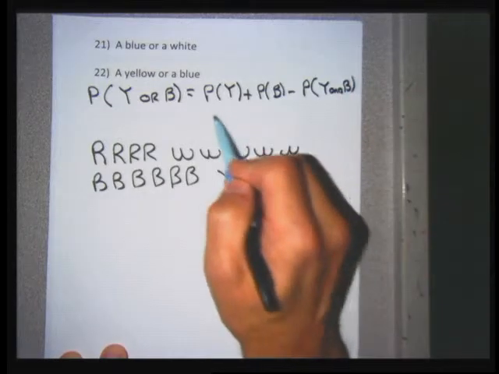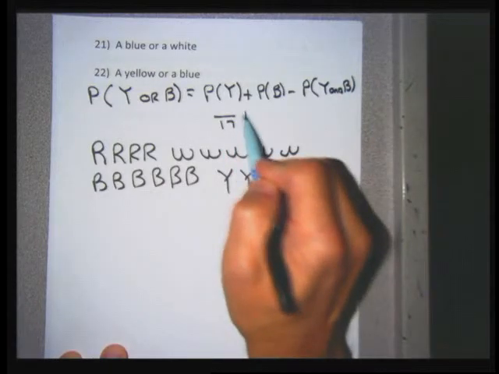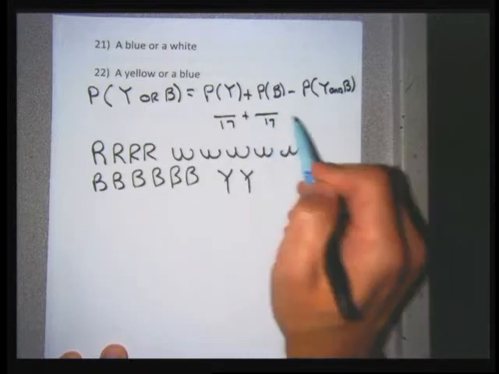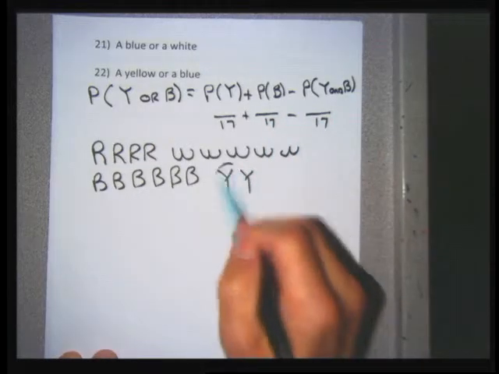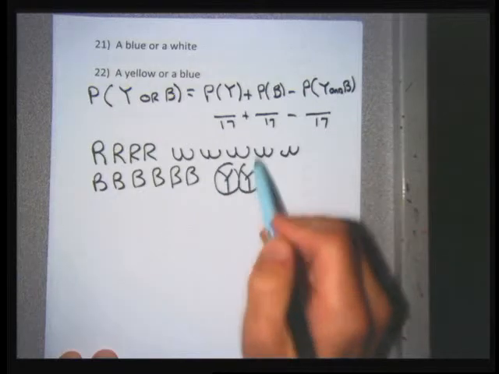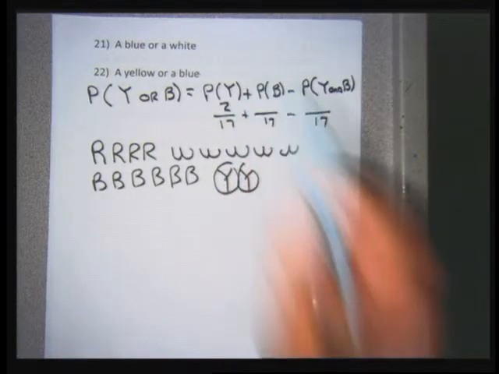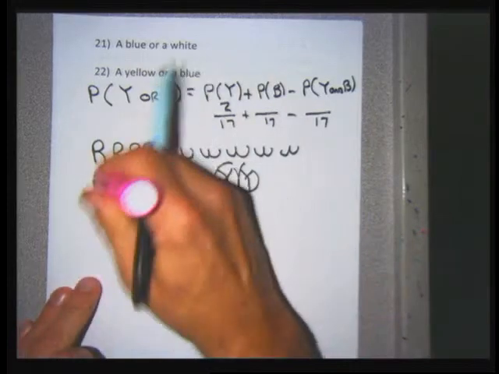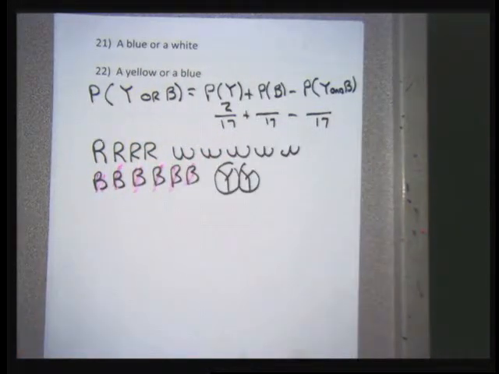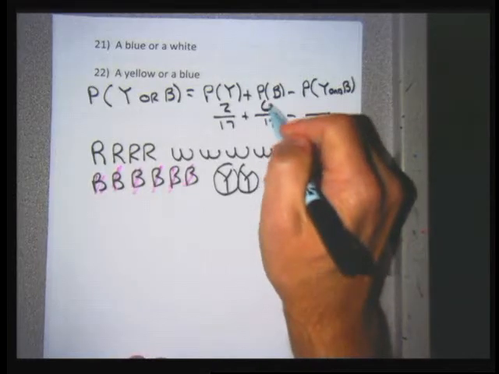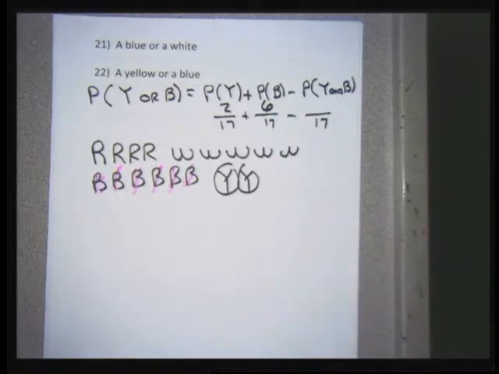Each of the denominators of the fractions are going to be 17 because I'm picking one marble out of the 17 marbles. For the yellow, my numerator is going to be 2 because there's 2 yellow marbles. For the blue, my probability is going to have a 6 in the numerator because there's 6 blue marbles.